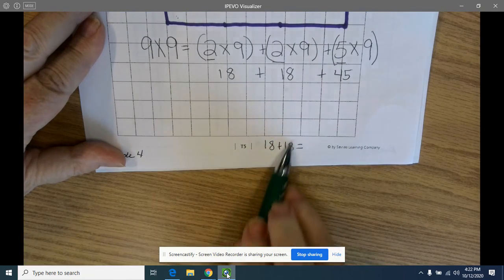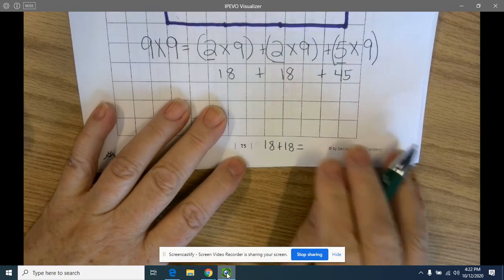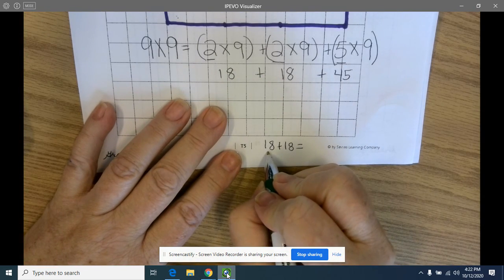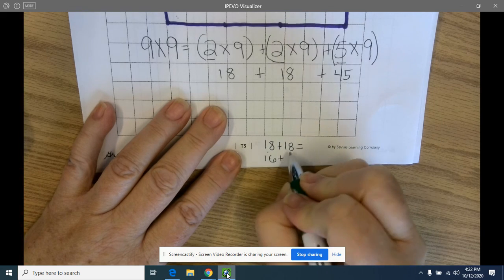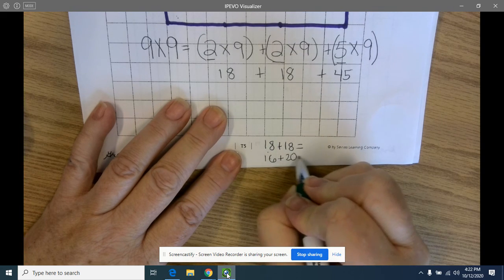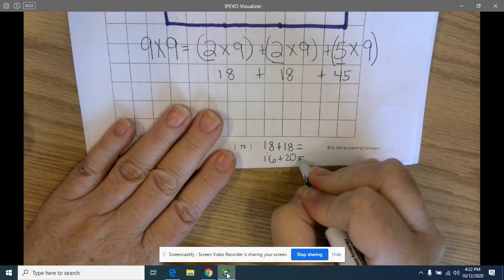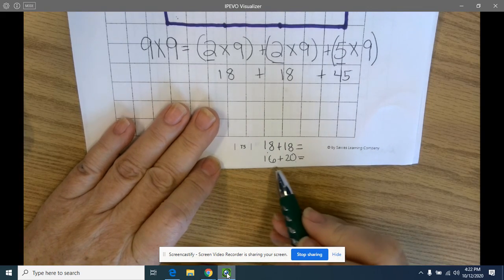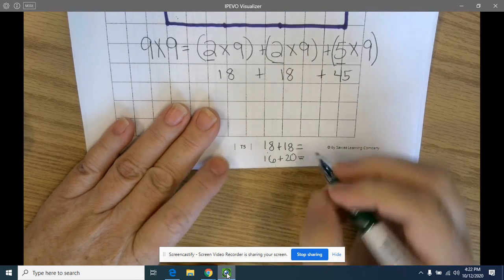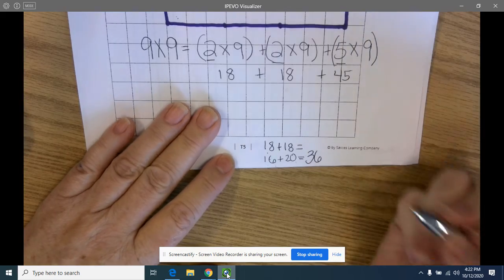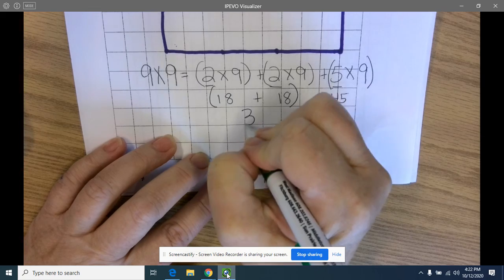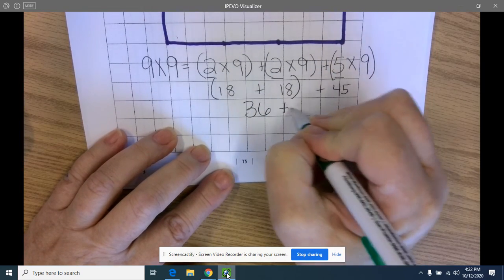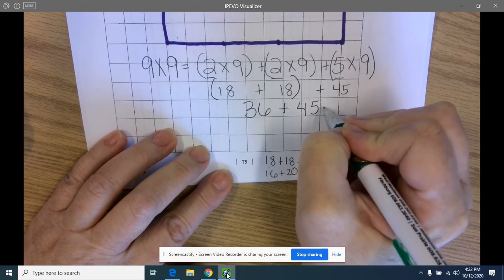So how much altogether is this? I'm going to take 2 away from the 18 to make it 16, and I'm going to add that 2 on the 18 to make it 20. 20 plus 30 plus 6 is a lot easier for me to add. So now I have 36 plus 45.